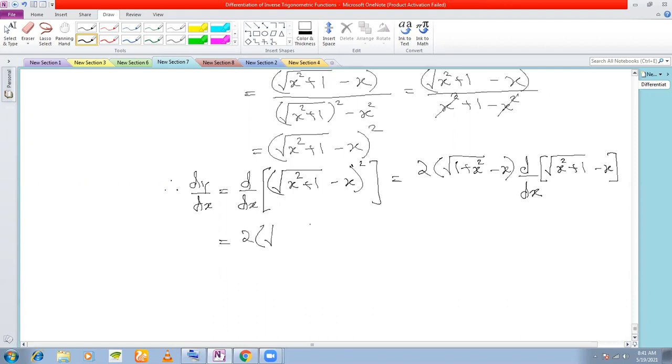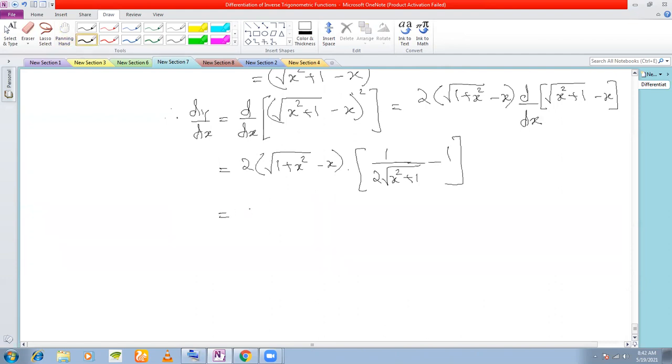Twice root 1 plus x square minus x into ddx of root x square plus 1 minus x. How will you differentiate this? First, I will differentiate the radical to get 1 by 2 root x square plus 1 minus, and ddx of x is 1. That's it.